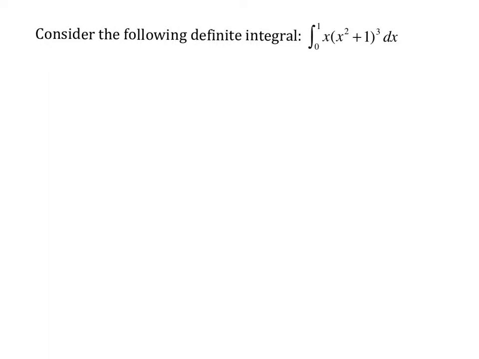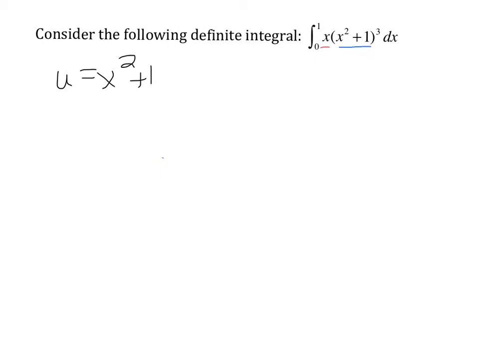I notice that I've got this x squared hanging out here, and this x is at least of the right order to be x squared's derivative. So that informs my choice for what u should be. I'm going to let u equal x squared plus 1.